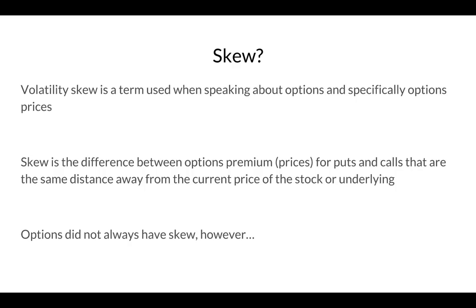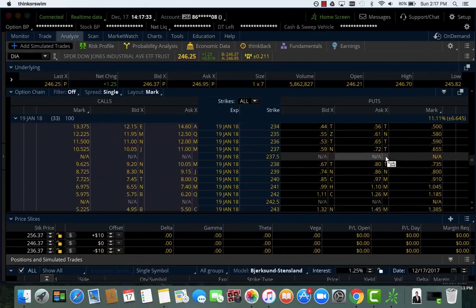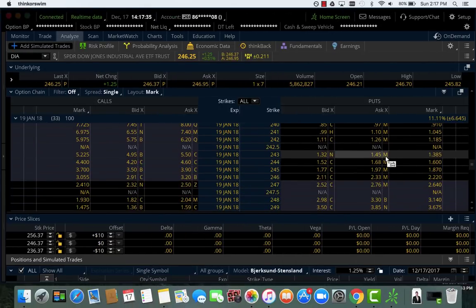But options were not always priced this way, and that's kind of why this becomes interesting. So why skew? Well, skew was added to the price of options following the crash of 1987. So the crash of 1987 saw the Dow, the S&P 500 all crash about 30% on a given day. And before that, options had the same value just depending on their distance away from the current price of the stock.